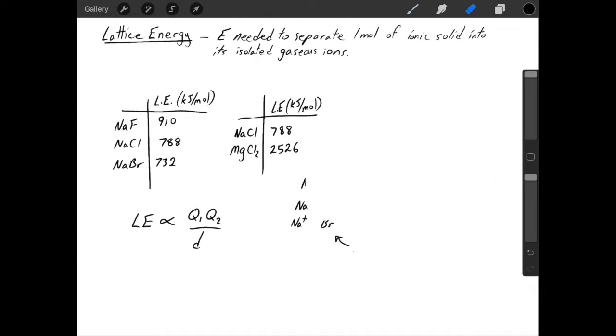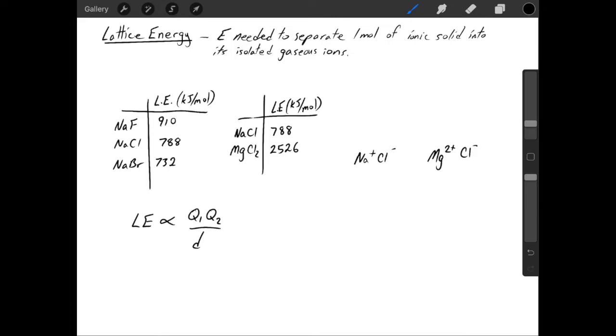In our other example with sodium chloride and magnesium chloride, things get a little bit more complicated. With sodium chloride and magnesium chloride, we have to consider both distance between the ions and the charges. Sodium ions are single positive charges, while chloride ions are single negative charges. But magnesium is a 2+ charge associated with chloride ions, which are single negative charges.